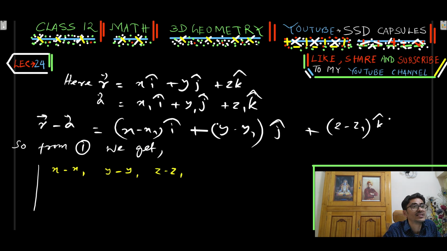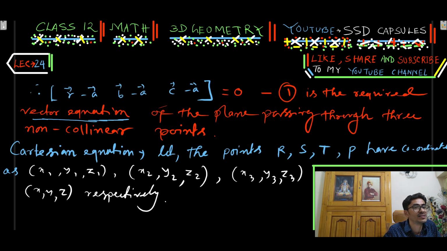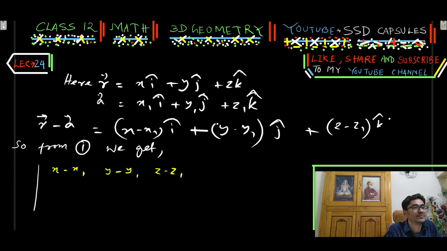And b vector minus a vector, see previous page: point B is this one, this one is a vector, these are the components of b vector, these are the components of c vector, and these are the components of r vector. So b vector minus a vector means x2 minus x1, y2 minus y1, z2 minus z1.